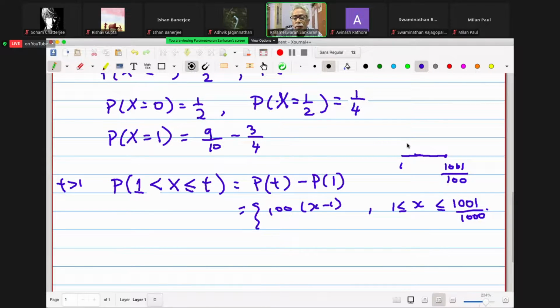In this, the density function looks like a constant. It is just a constant, 100.